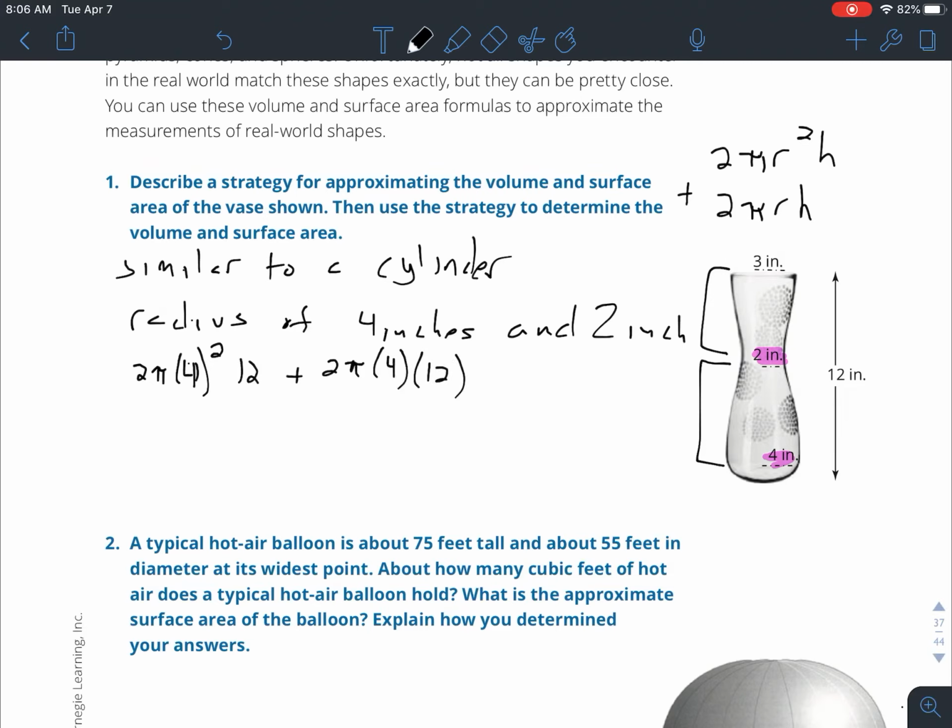So once again, type this in your calculator, 2 pi parentheses 4 squared, times 12. Oh, I did not type it in correctly in my calculator, so hold on, let me redo it. Parenthesis 4 squared times 12.